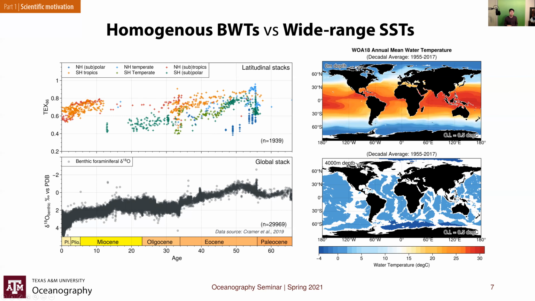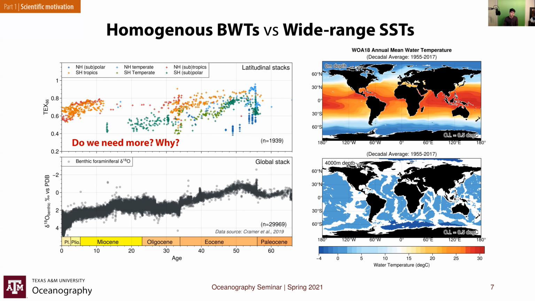By coloring our data into different latitudinal zones, we start to see some differences here. The colder data points represent the higher latitudes, and the warmer color data points represent the lower latitudes. We'll talk about it in more detail, but I just would like to show you right away that what we have for the sea surface temperature records across the last 66 million years is not very well established yet.